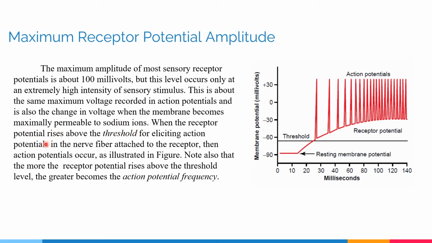When the receptor potential rises above the threshold for eliciting an action potential in the nerve fiber attached to the receptor, then the action potential occurs, as shown in the picture here. Note also that the more the receptor potential rises above the threshold level, the greater the action potential frequency becomes.